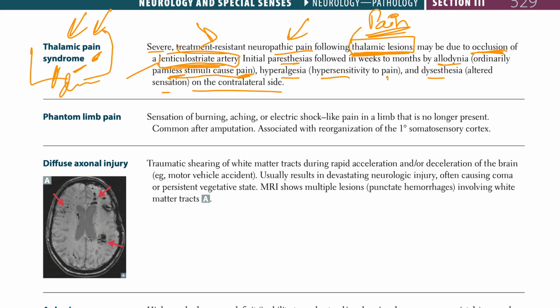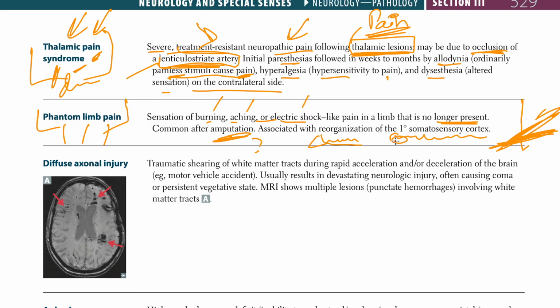Then you have phantom limb pain. It is a sensation of burning, aching, electric shock-like pain in a limb that is no longer present. The limb is gone, but you still have the burning, aching, electric shock-like pain. It is common after amputation, associated with reorganization of the primary somatosensory cortex.